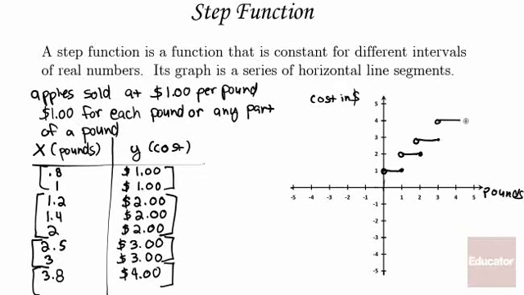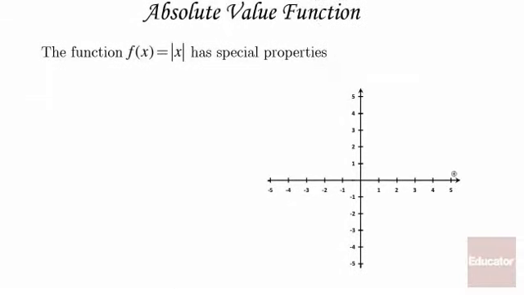So you can see how this looks like a series of steps and how this is a result of the fact that the function is constant for different intervals of x. This function is the same for this entire interval, then it's the same for the second interval, and on. So this is a step function.